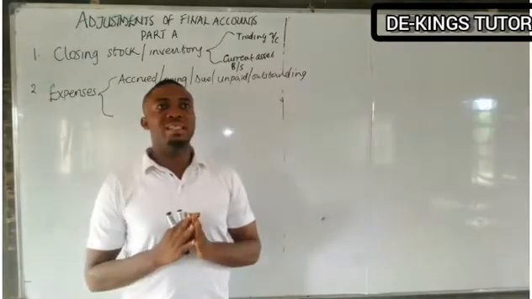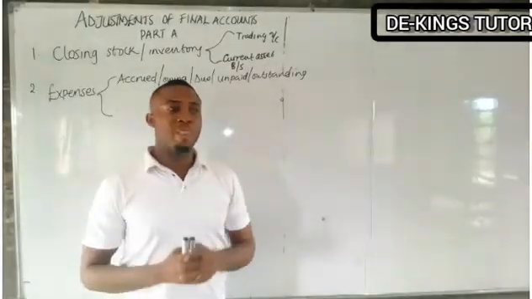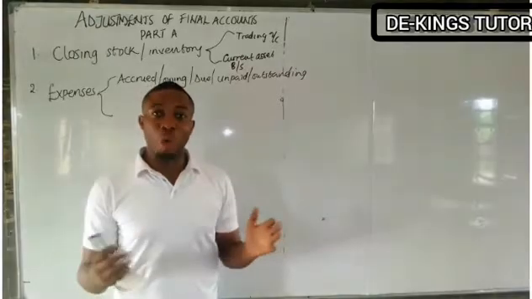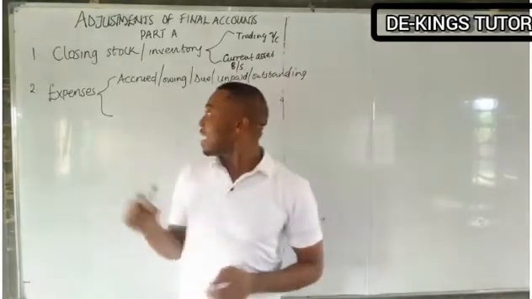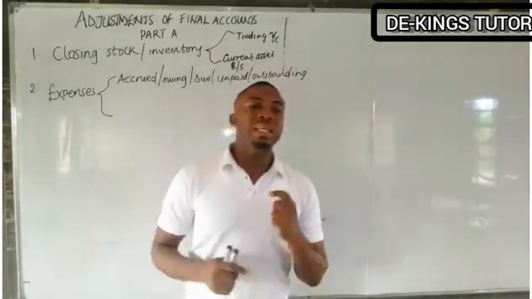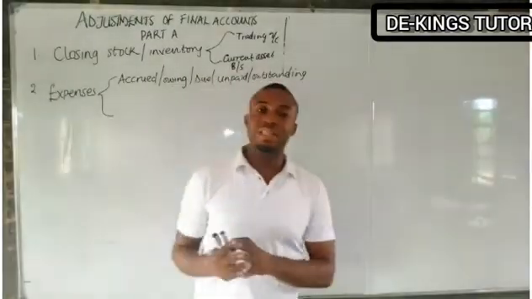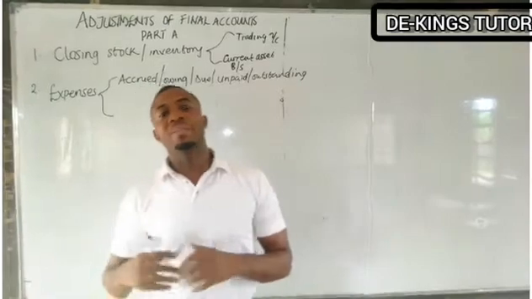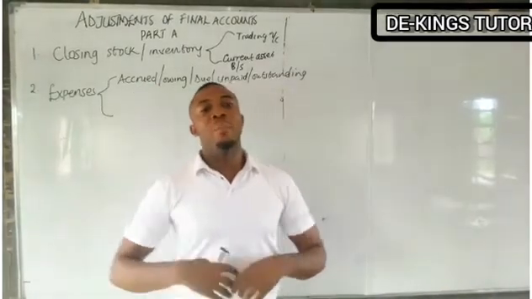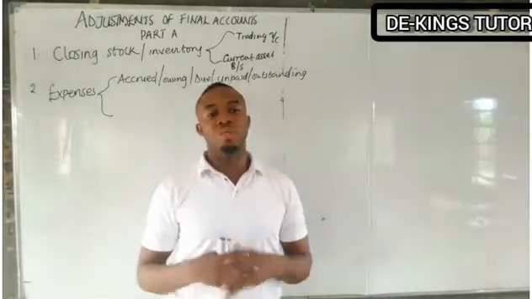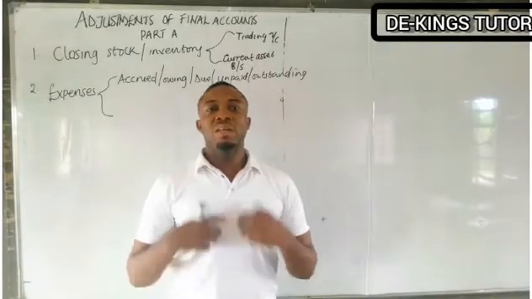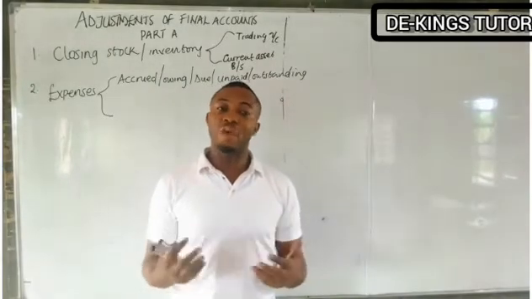Now, whenever they say an expense is unpaid, for instance, salaries unpaid, it means these are events in which the services have been enjoyed, but payment has not been made.